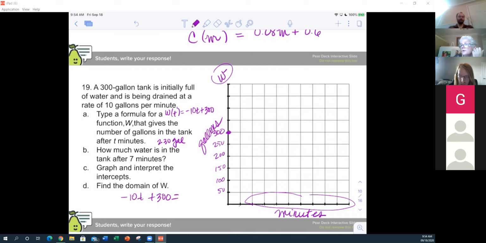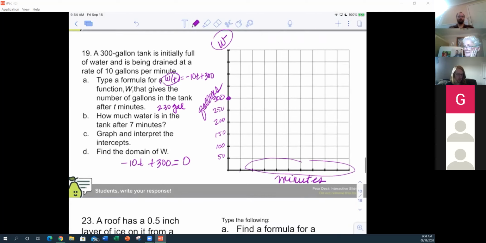To find the x-intercept, we plug 0 in for y. To find the y-intercept, we plug 0 in for x, just like we always have been doing. So I'm plugging 0 in for the y value, so that's equal to 0. And then we just solve this problem, and I have negative 10t equals negative 300. So t is going to equal 30 minutes.